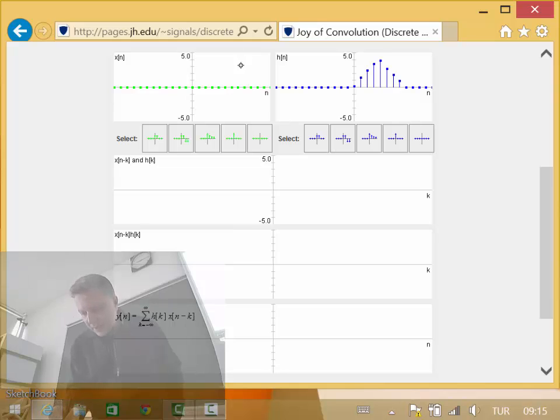Okay, now let's see what happens here. What is the response? Or what is the convolution? These two are the same questions. We will have two separate triangles, right? One of them will be the delayed, the other one will be the lagged.